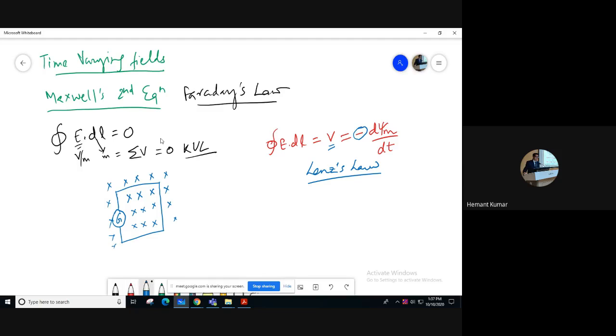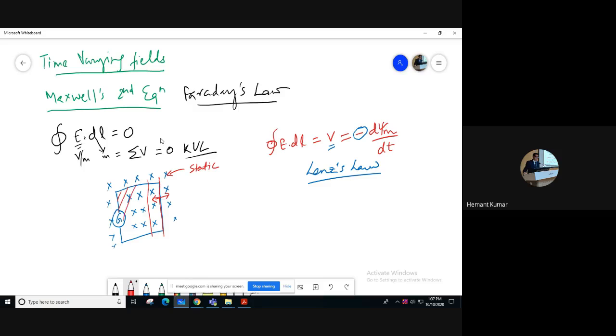Right now this magnetic field is static. There is no change of this magnetic field for this conductor. But if you move this conductor in this direction or in this direction, what is happening? The area is changing.